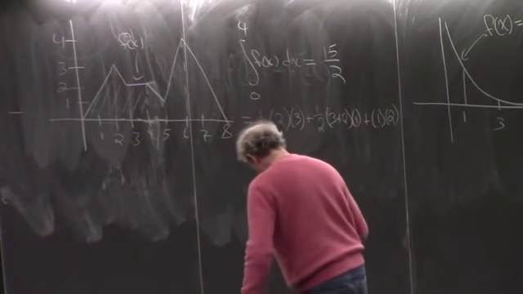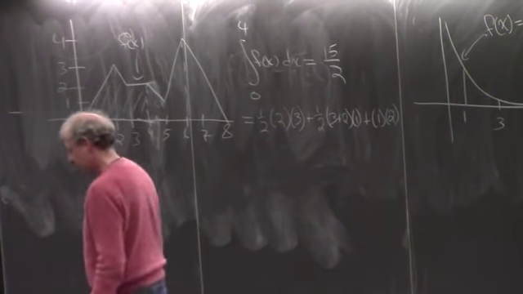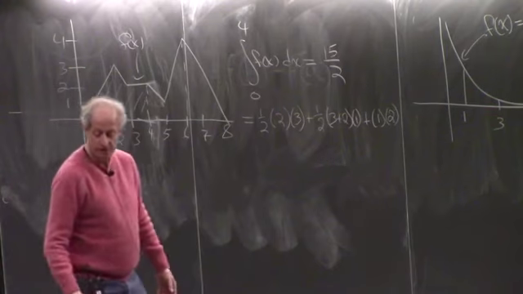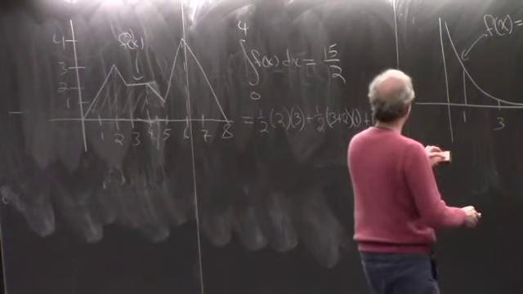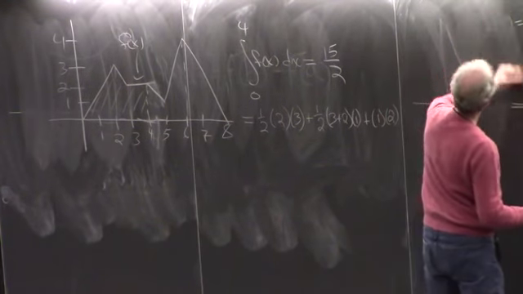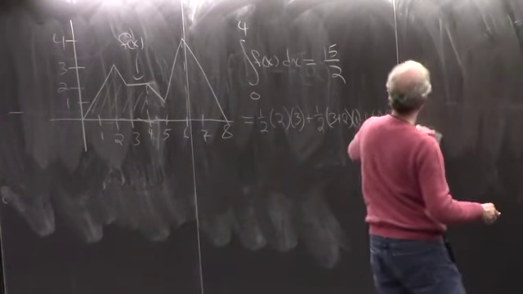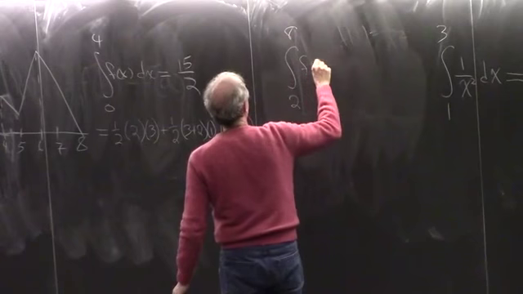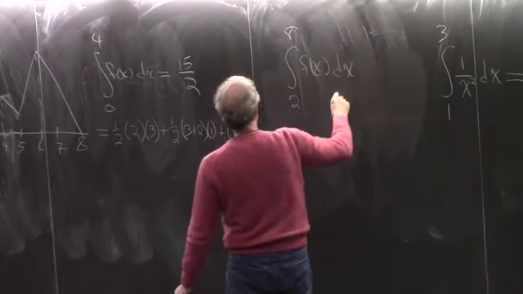So far, so good. Of course, I can make it harder. Get that out of the way. What if I wanted to find the integral from 2 to 8? Well, take a minute to figure that out.